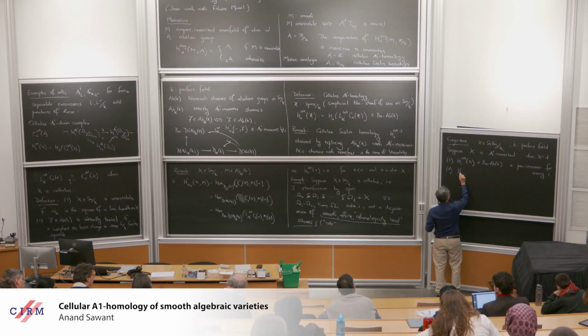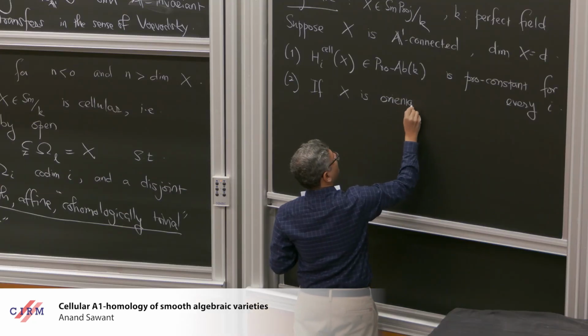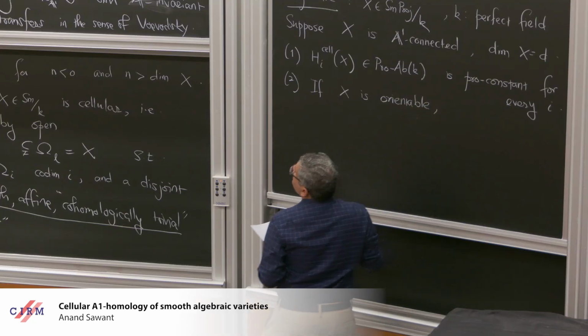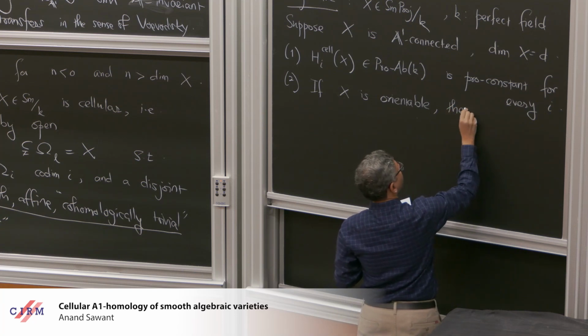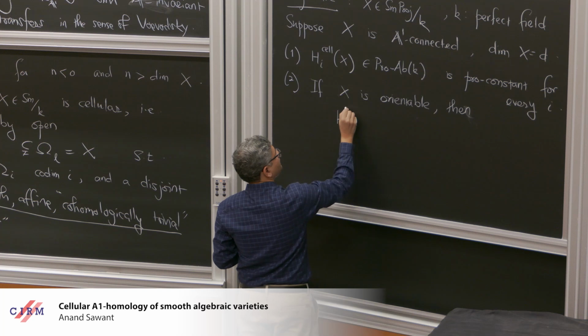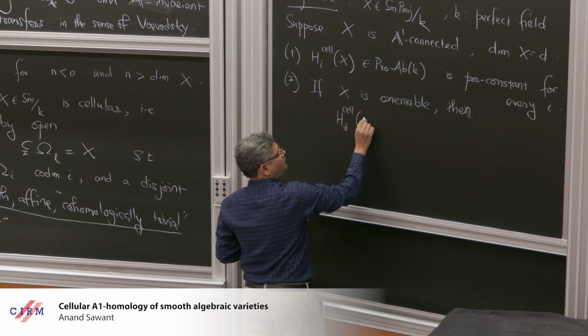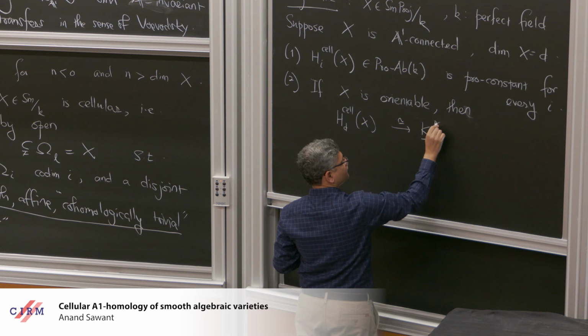Yeah, so if X is orientable, then there is an isomorphism from the top cellular homology to the dth Milnor-Witt K-theory sheaf.